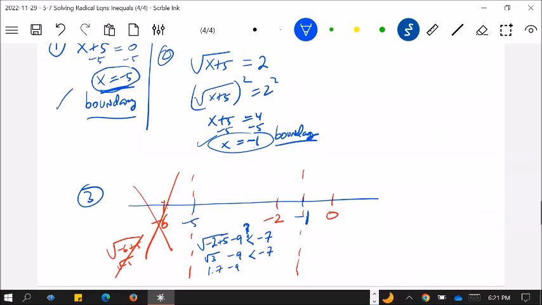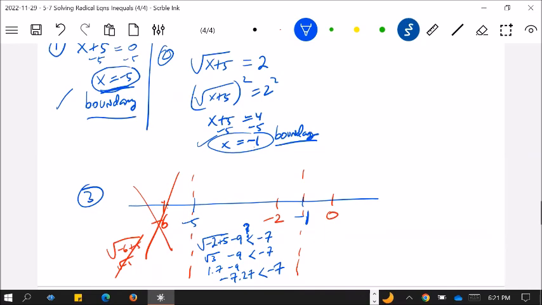Square root of 3 is 1.73205, and so on. Subtracting 9 from it gives negative 7.27, and that is indeed less than negative 7.